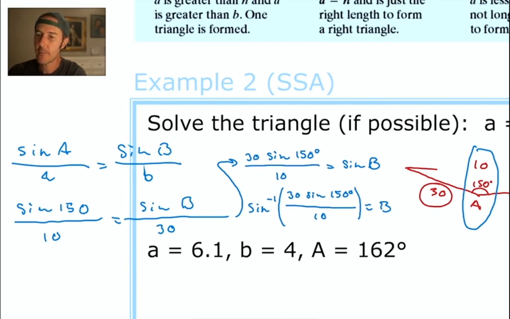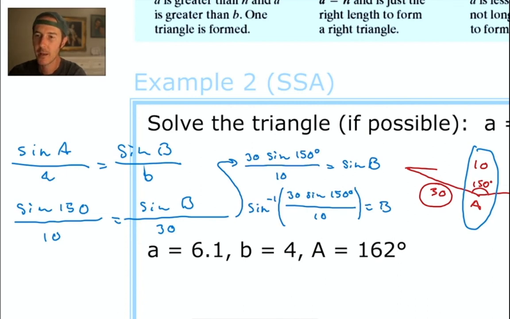Now this calculator automatically puts in some parentheses, so I have to close the parenthesis at the end of the 150. And now I'm going to hit divided by 10, and then close the parenthesis after the 10. I think that ought to do it: 30 sine 150 divided by 10, all inside the inverse sine. Yep. I'm going to hit enter.